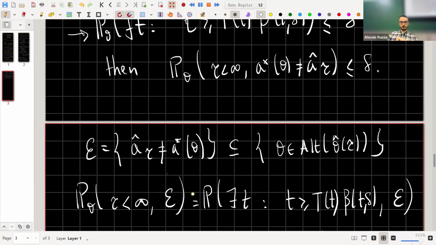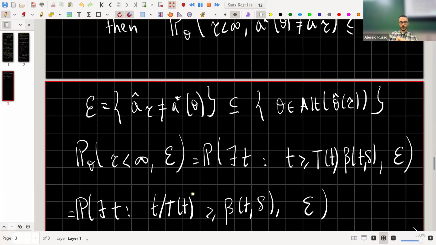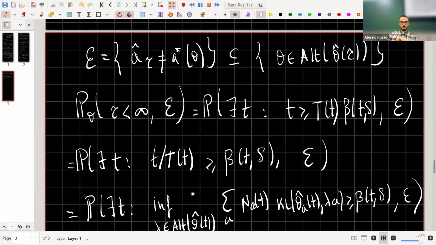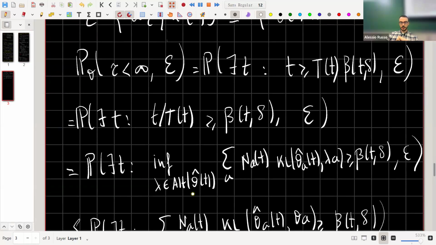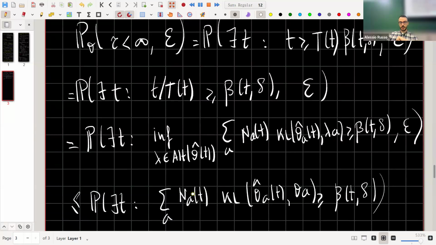So the starting point of the proof is here. We start with this probability. We rewrite the condition tau less than infinity as the probability that there exists a time such that the stopping rule triggers. We simply rewrite this inequality. We make the infimum over the alternative models appear. We know that theta belongs to the set of alternative models because we are taking an intersection with this event.